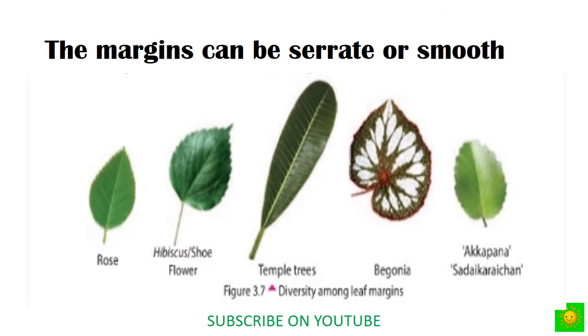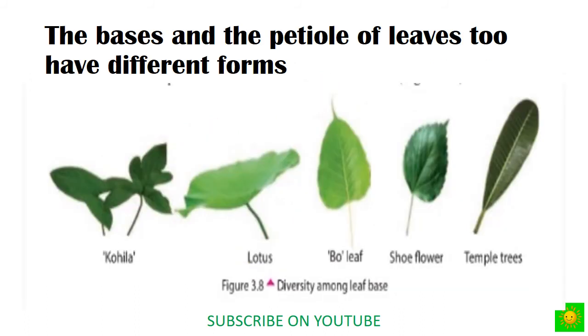Serrate means there are pin-like parts. Smooth means there is no difference in the margin. Rose, hibiscus, begonia, akapana, they are serrated. Temple leaf is smooth. The base and the petiole of leaves have different forms. Kohila, lotus, bow leaf, shoe flower, temple trees.